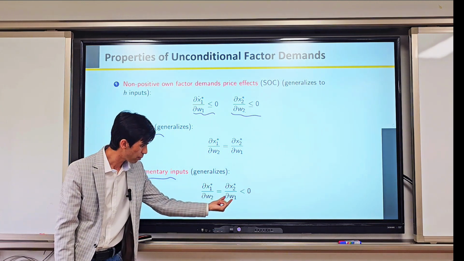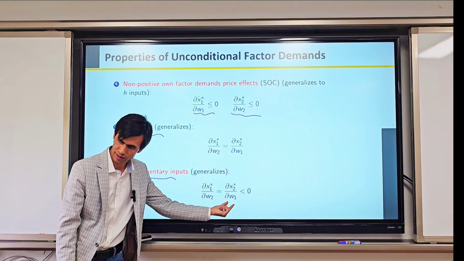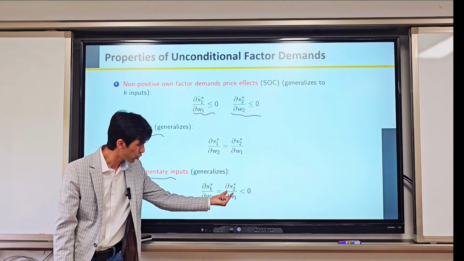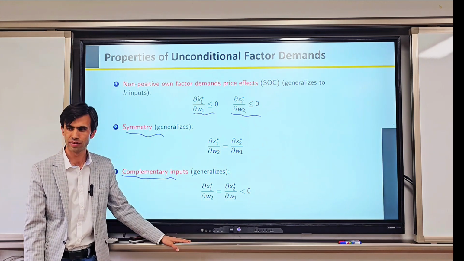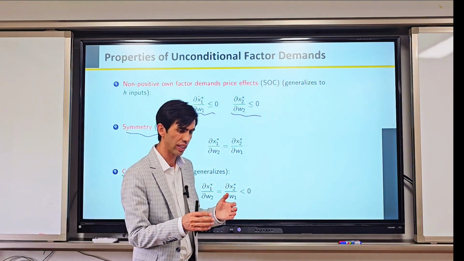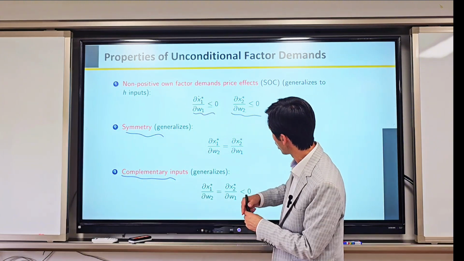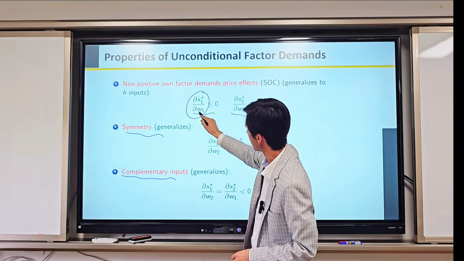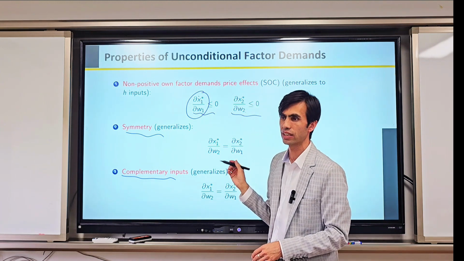And also, when the price of input 1 increases, the demand for input 2 also would decrease, because they are perfect complements. That means, for example, as we know already, when the price W1 increases, the demand for X1 decreases.